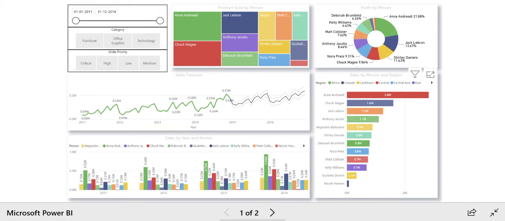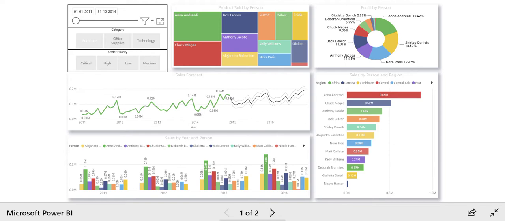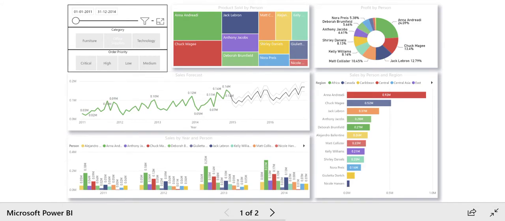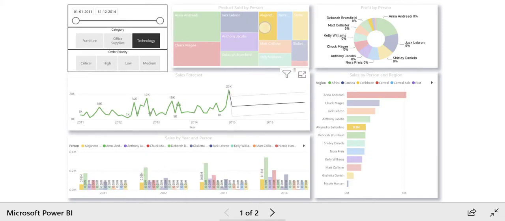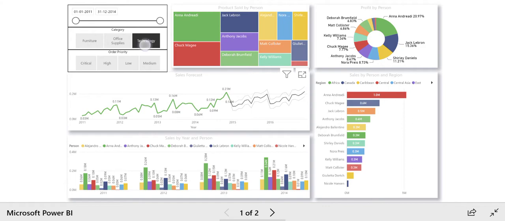And then we can also dig deeply into different categories here. In the case of furniture, you can see changes. In the case of office supplies, again changes, but again we can see a consistent performance by Anna, and it varies for other cases also. As you can see, to the far right of the tree graph, it changes substantially.